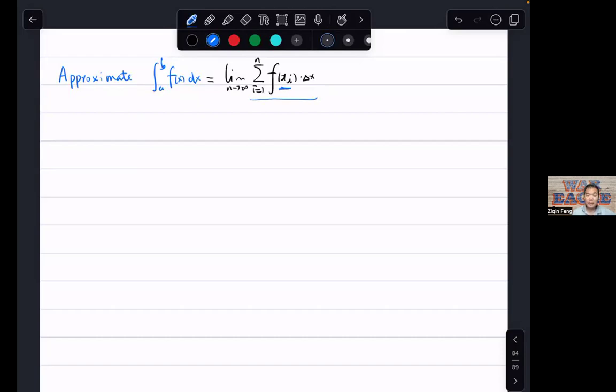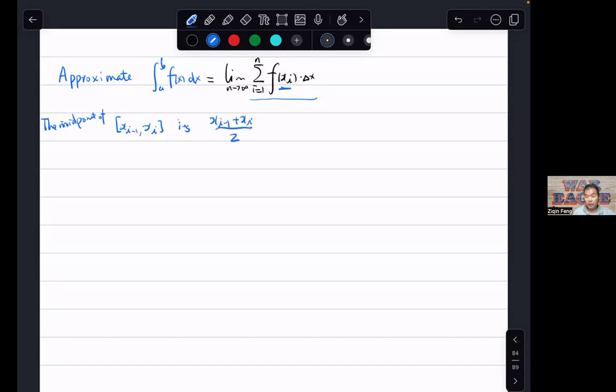One way to do that is to choose the middle point. If you have the interval from x_{i-1} to x_i, we choose the midpoint of that, which is the sum of these two points divided by 2.